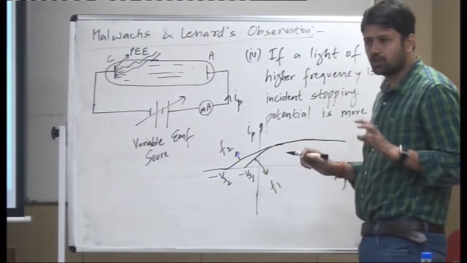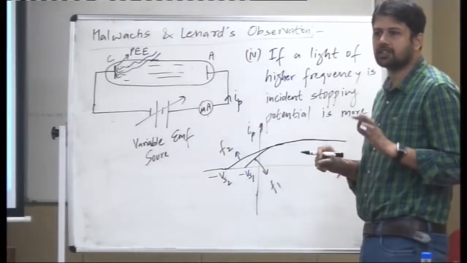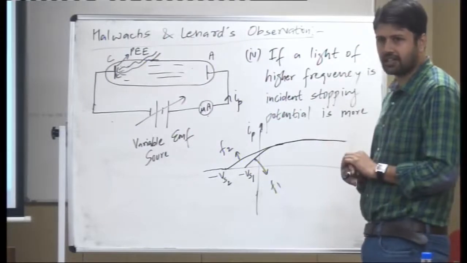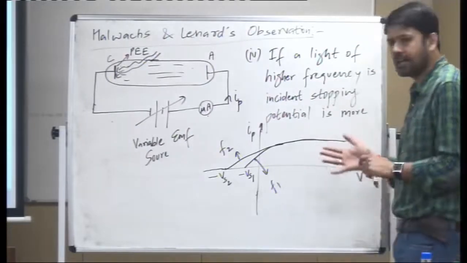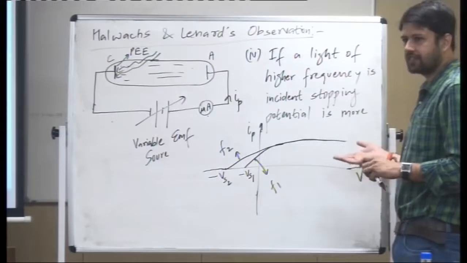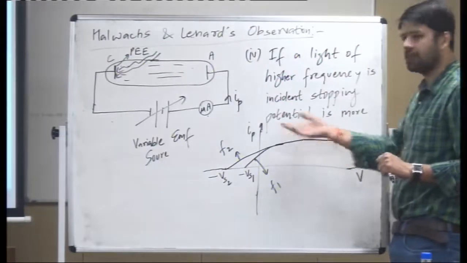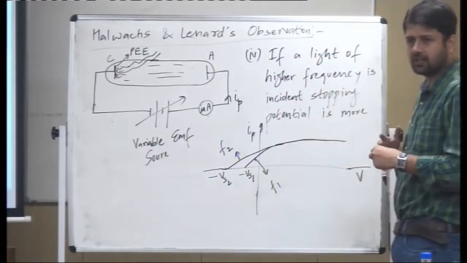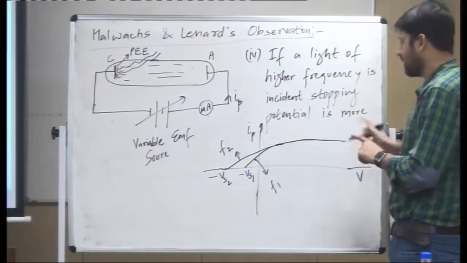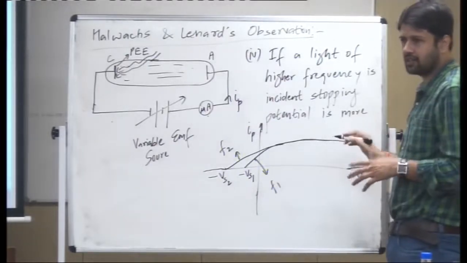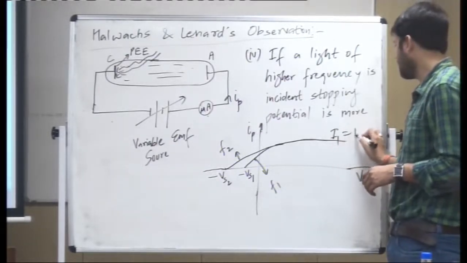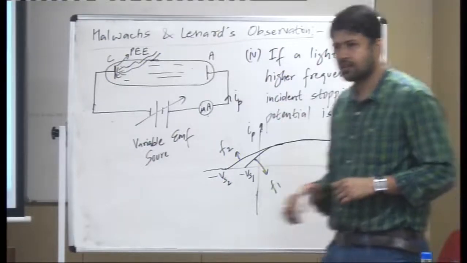We are assuming that the intensity is same, because if intensity had been different, what do you think? If intensity had been different, then obviously the photocurrent would have been different as well. So we can add that as well, but in a separate graph I would draw it. So here I1 is equal to I2, right?